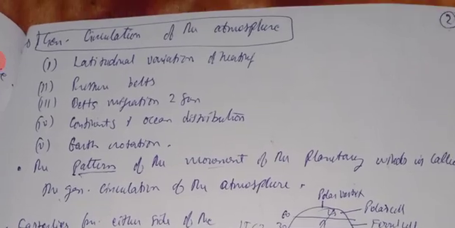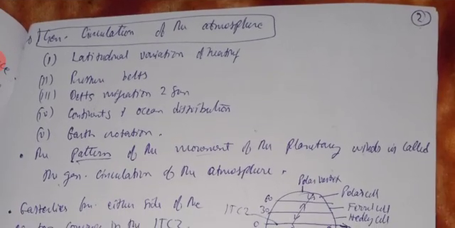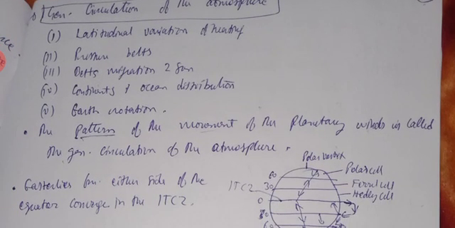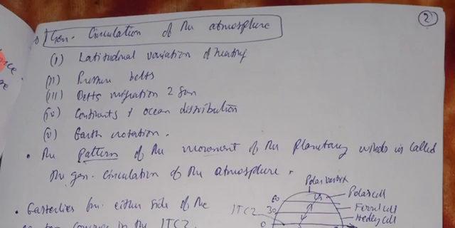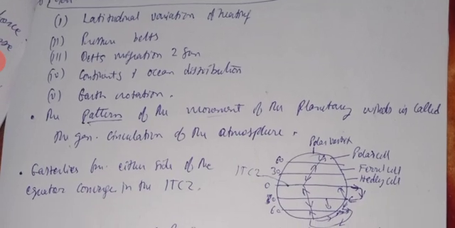Next point, general circulation of the atmosphere. First, latitudinal variation of heating. General circulation of atmosphere is due to the latitudinal variation of heating. Second, due to pressure belts. Third, belts migration with the sun. Fourth, continents and ocean distribution.